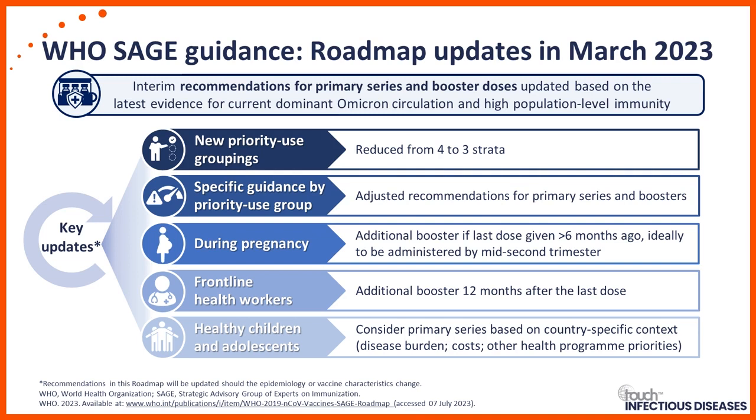What one can say generally, although the guidance in these different bodies from WHO all the way down to regional and local might differ from each other a bit, or might have different days when they are finally issued, coming to our hands, the key updates you should really focus on are whether there are new priority risk groupings and whether there is specific guidance for priority use, specifically if there is not enough vaccine.